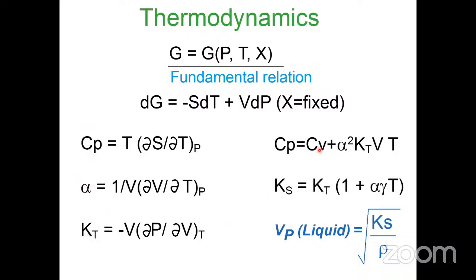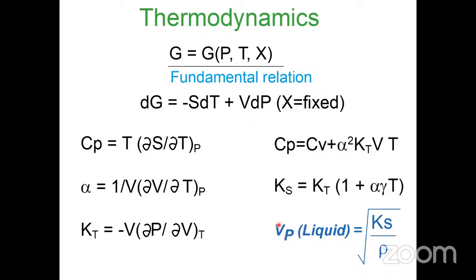And isochoric heat capacity can be calculated from isobaric heat capacity and these parameters. And adiabatic bulk modulus can be calculated from these parameters. And all these are consistently derived from the Gibbs free energy.